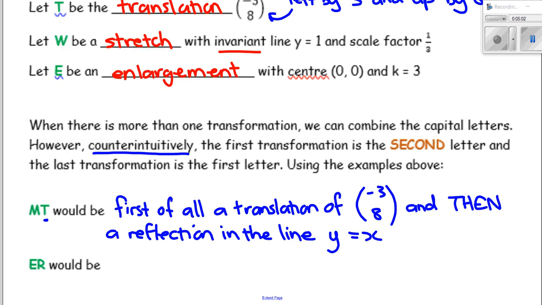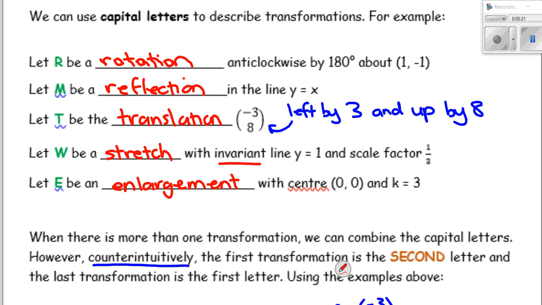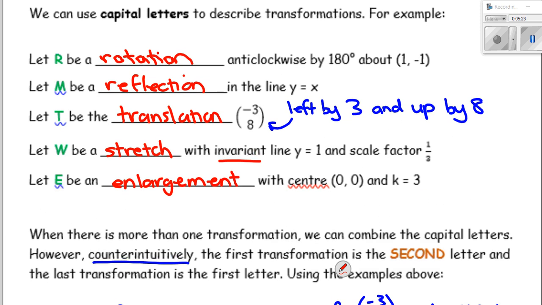So T first and then M. Something like ER would be, so R is what occurs first. So what's R? A rotation anti-clockwise by 180 degrees about the center of rotation 1, -1.